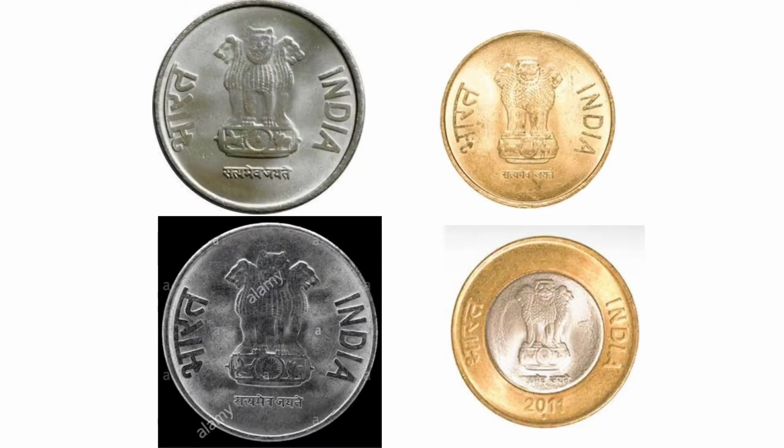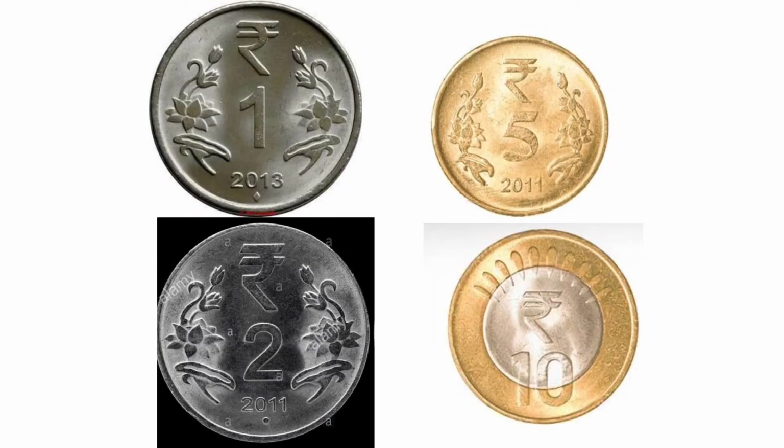On the front side of this coin, my dear children, you will get to see a picture of grains and flowers. Then on top of this you will get to see the letter R, which is the symbol used for currency and coins.